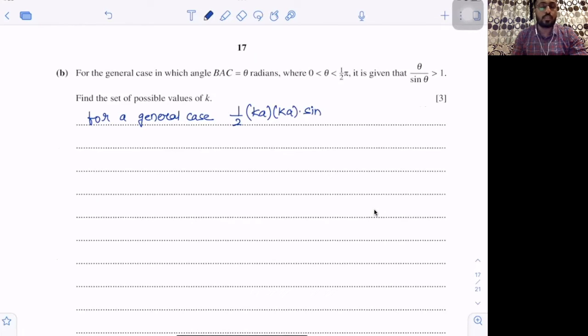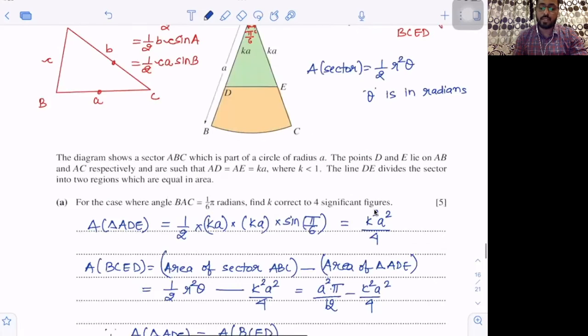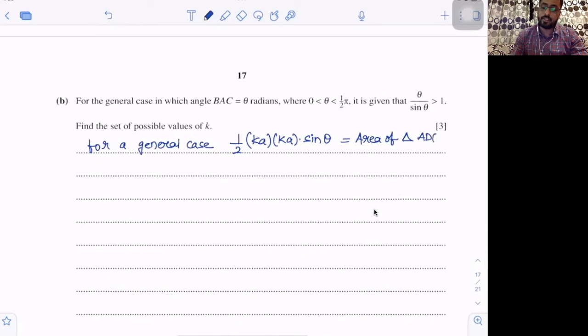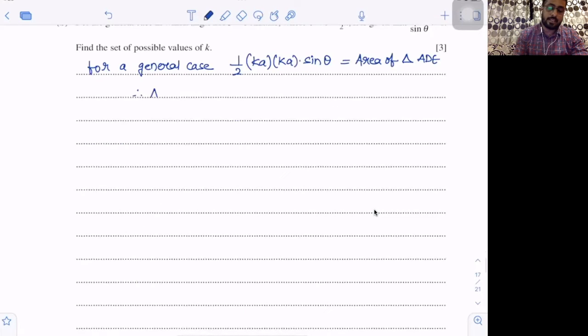So nothing will happen to theta. Theta will remain theta. This is the area of the triangle, and what's the name of the triangle? It's ADE. Area of triangle ADE. So therefore, I can say that the area of triangle ADE is simply k square a square sine theta whole divided by 2. I can call this as equation 1.